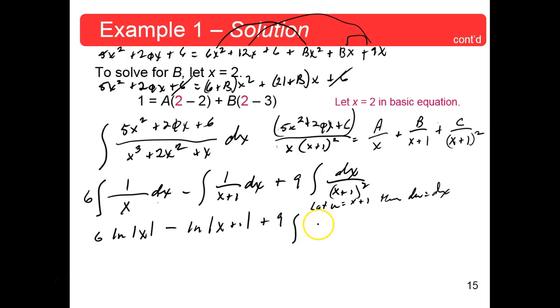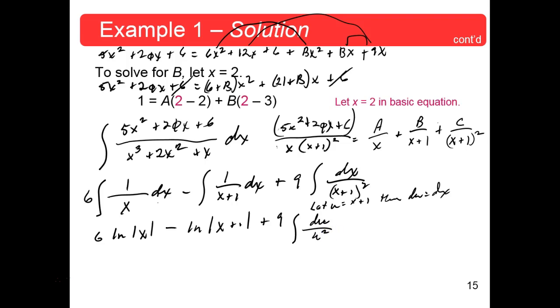Why do we have to use substitution? You don't have to, but I thought it might make it a little clearer for you. What would it be? dx is du, right? And x plus 1 is u, so this is u squared.